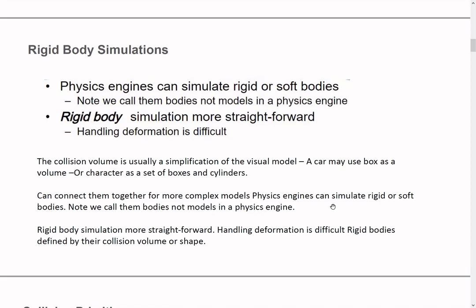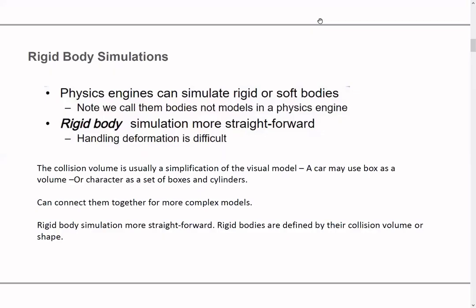Okay, we need to use certain visual models in order to depict the objects in our physics engine. And also we can connect these together for more complex models. And rigid bodies are usually defined by their collision volume or shape.